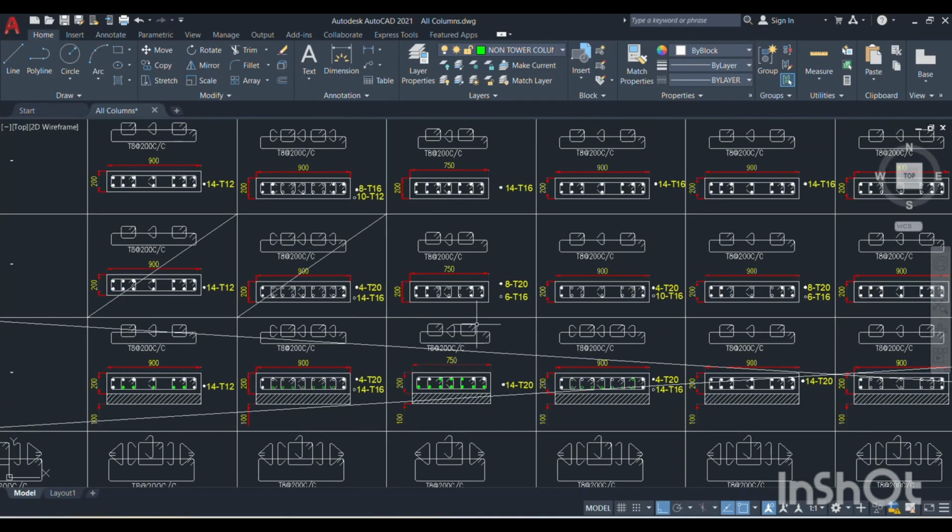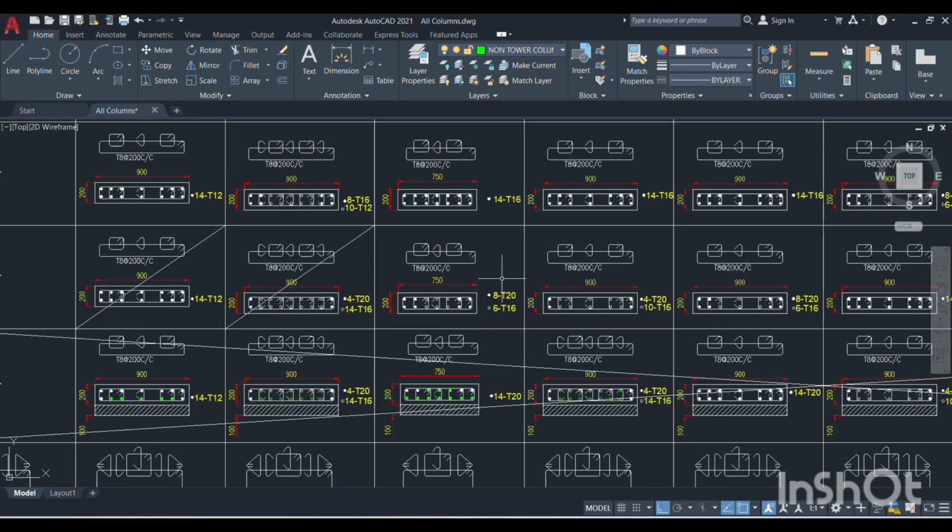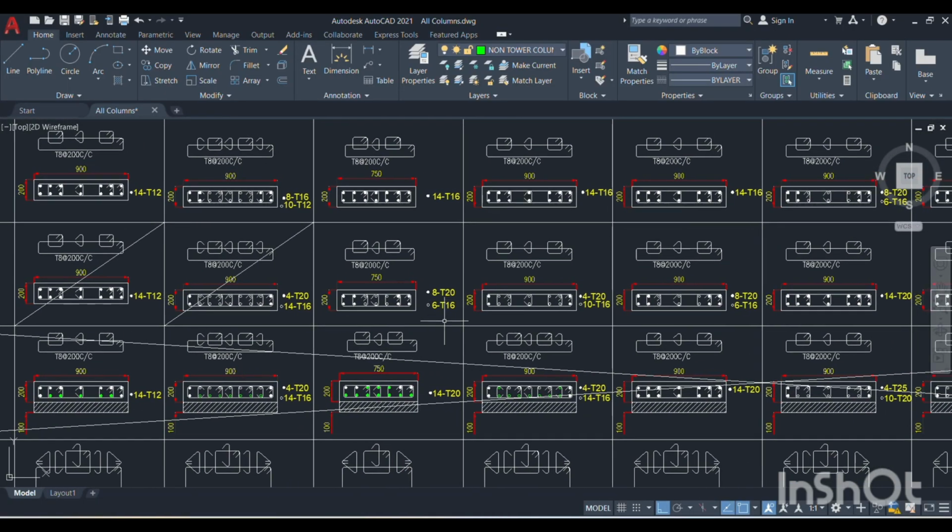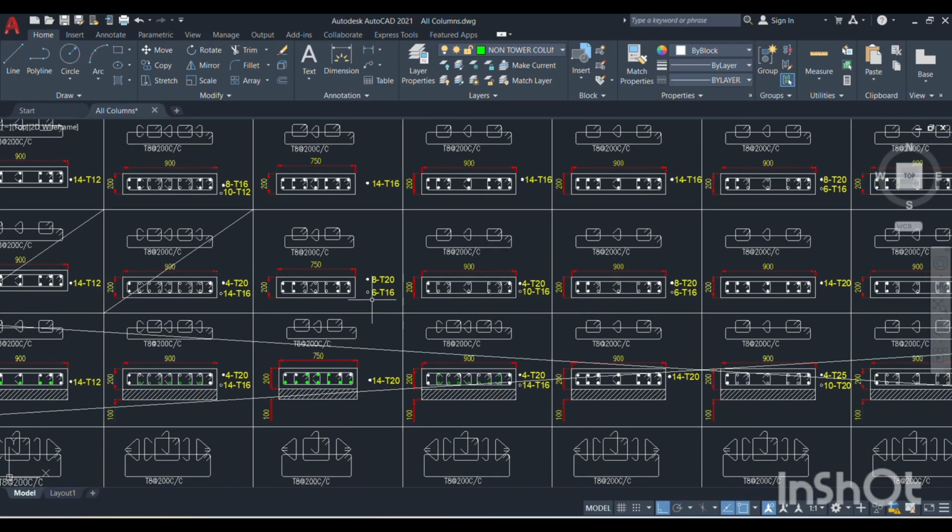Next go to C4. What is C4 saying? C4 is 750 by 200 of 820 and 616. You have to search the same, 820 and 616. You see 820 and 616, 2 are there. So C4, 1 is there.